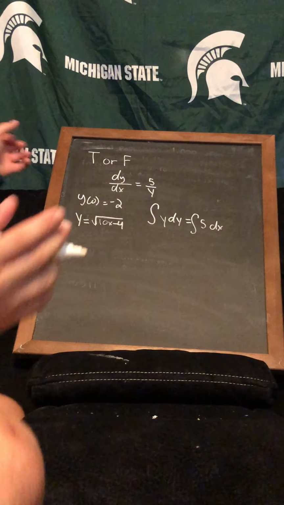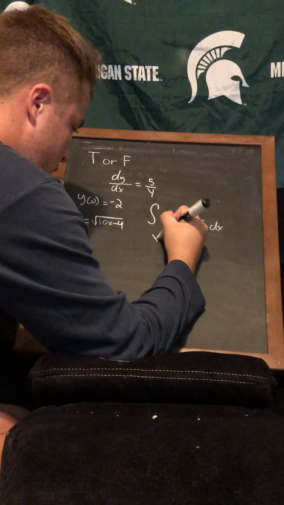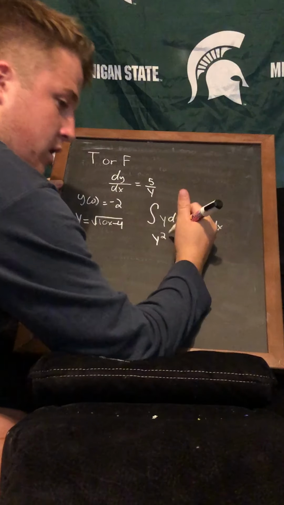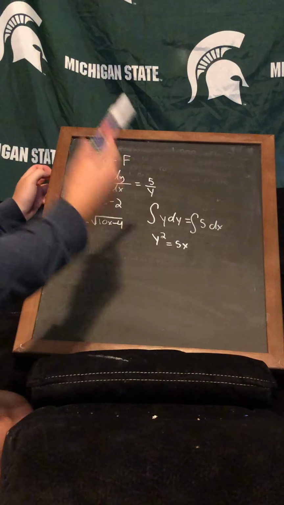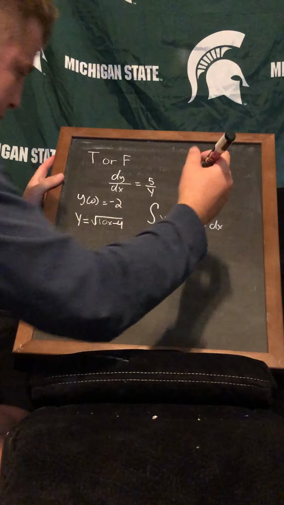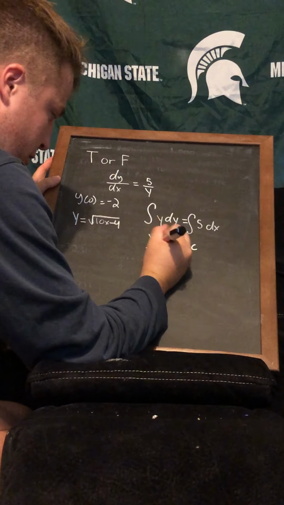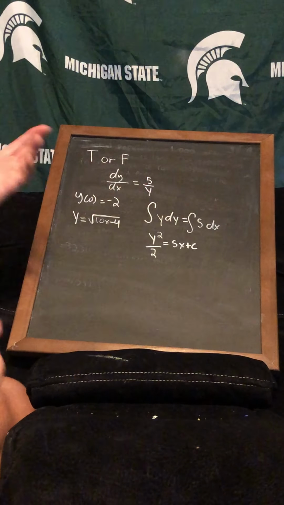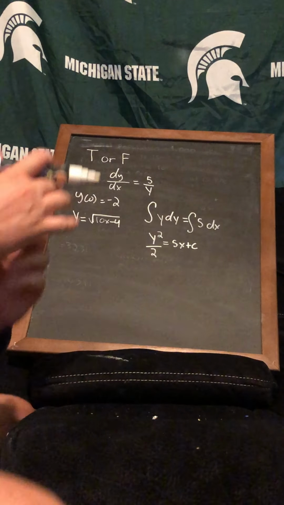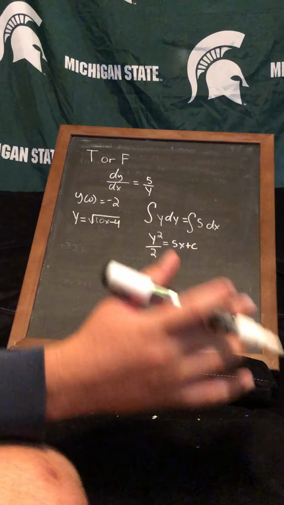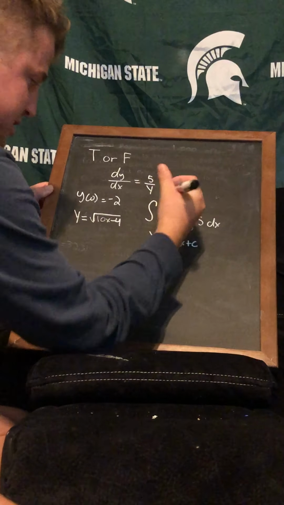Now once you do this, you will get y squared is equal to 5x, and since it is an indefinite integral, you have to include c, right? Plus c. And then this y squared will be over 2, right? The integral of y is y squared over 2. So now you want to simplify and solve, okay? So you're going to multiply both sides by 2.